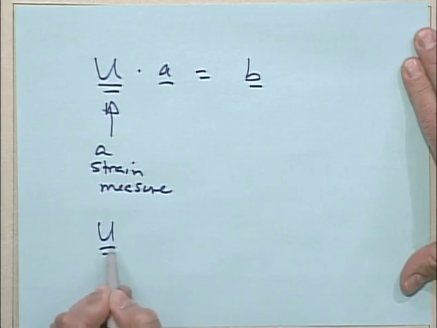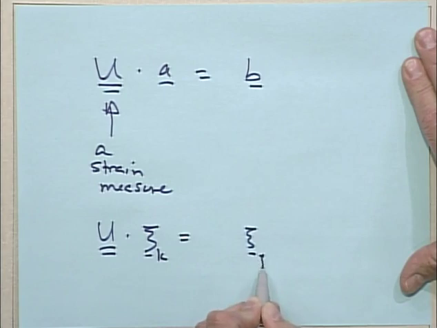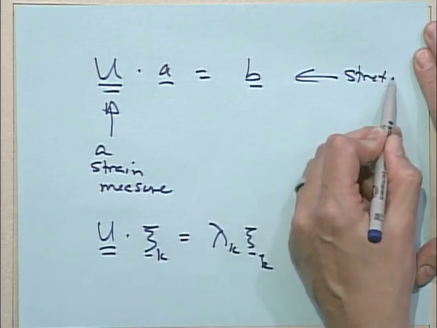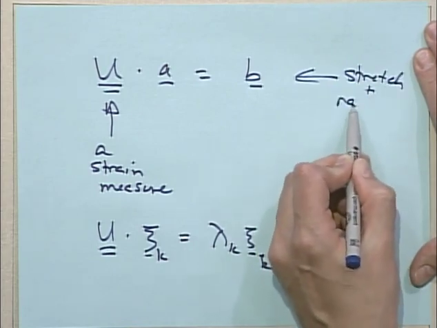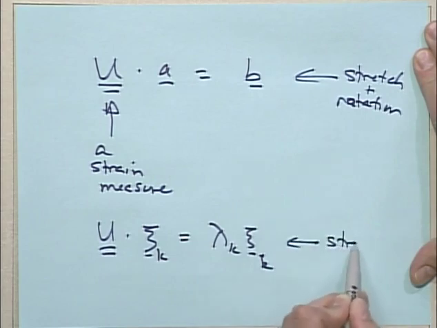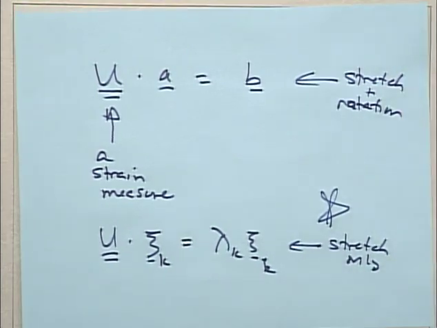But if I apply U to its own eigenvector, that's a very specific and particular vector, which will give me that same vector back, stretched. So here there's both stretch and rotation, and here there's stretch only. And that's exactly what we hope to do.